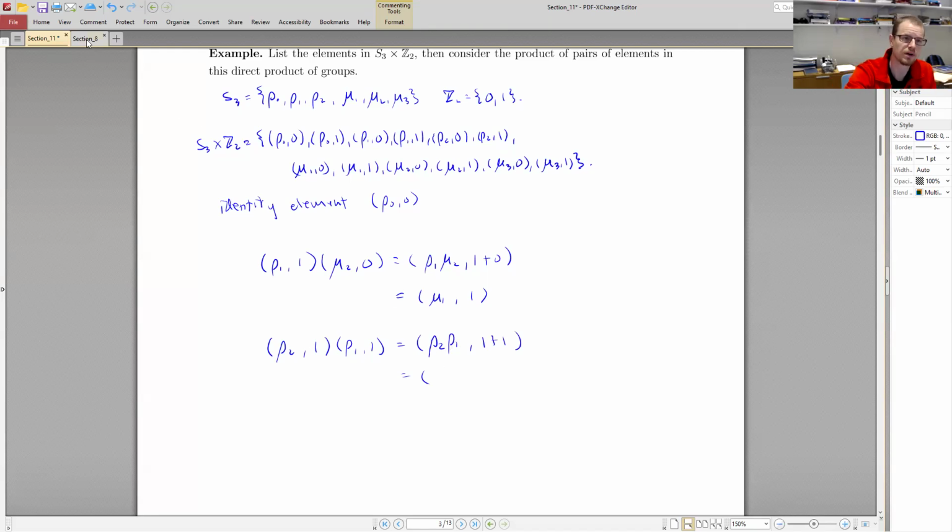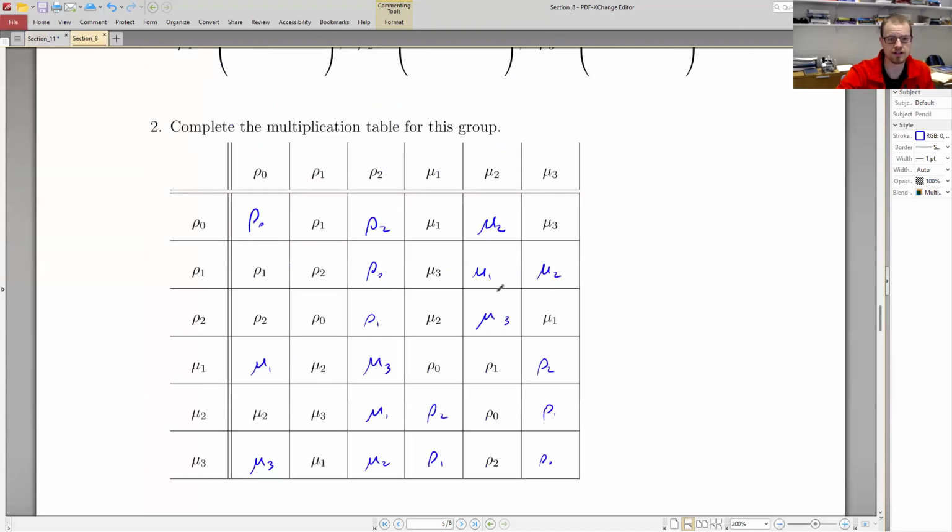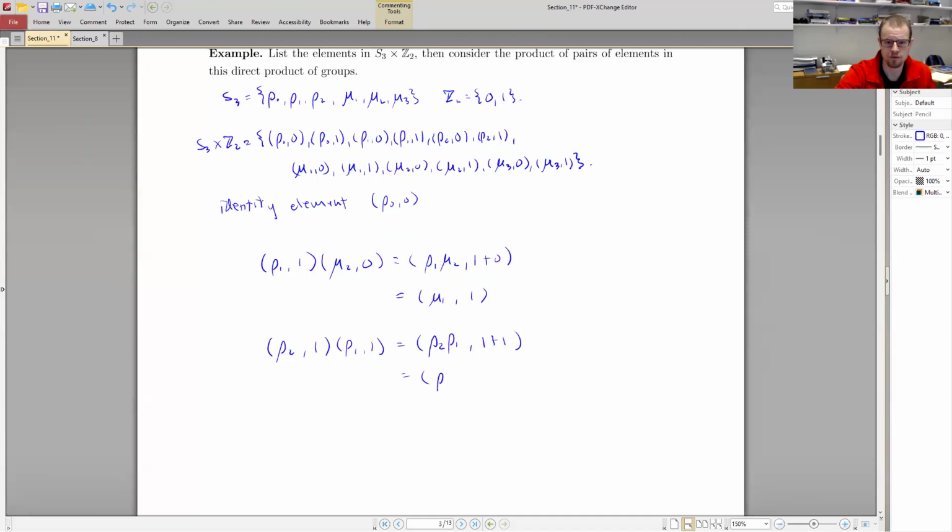But if we're curious, let's just go take a look. Rho 2, rho 1 gives me this. That is the identity element, rho 0. And 1 plus 1 is 2, but 2 modulo 2 is 0, the identity element. So inverses can be found by taking the inverses of the individual elements.